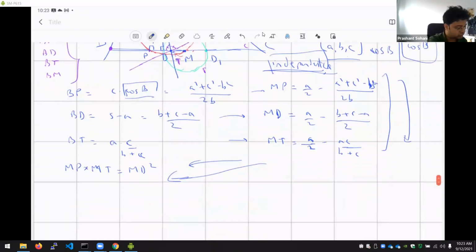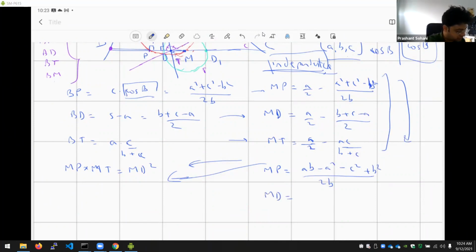Okay, so let us continue to calculate this. First thing, we can clear the denominators and simplify these expressions. So let me do that. MP can be written also as, if I keep 2b in the denominator, AB minus A square minus C square plus B square.